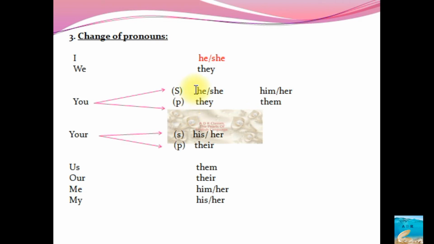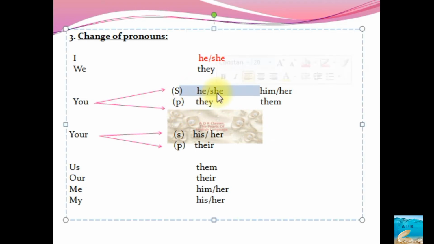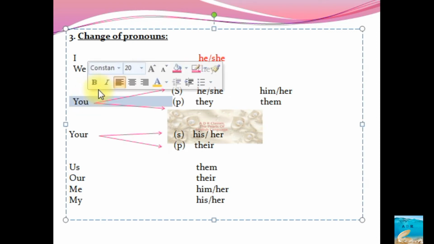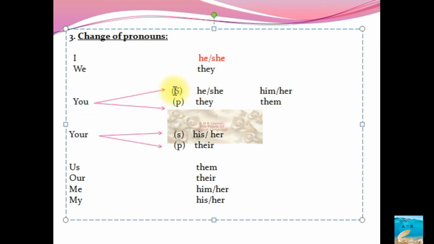Hope you understand that. So you is used for first person, second person singular. You is also used for second person plural, isn't it? So wherever he and she come, we need to understand that it is a first person or second person singular. They is used for first person plural and second person plural.